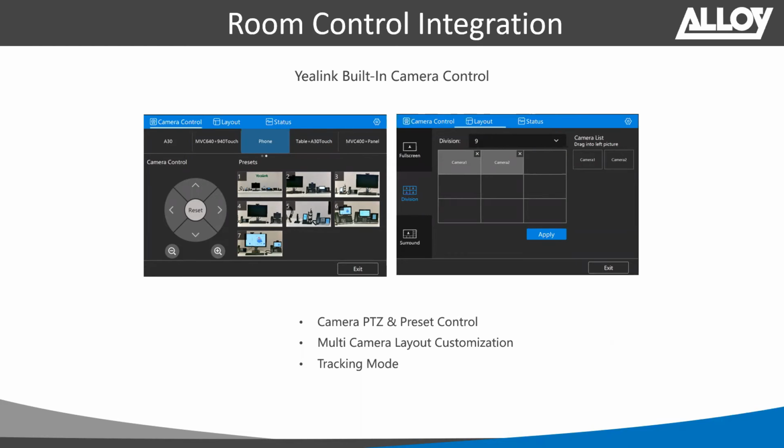So not only can we manually control the pan, tilt, zoom of the camera that we might be using, whether it's a single camera solution or a multi-camera solution, we have the ability to control that camera from this screen here. We're also able to turn on and off AI functionalities on the camera as well.